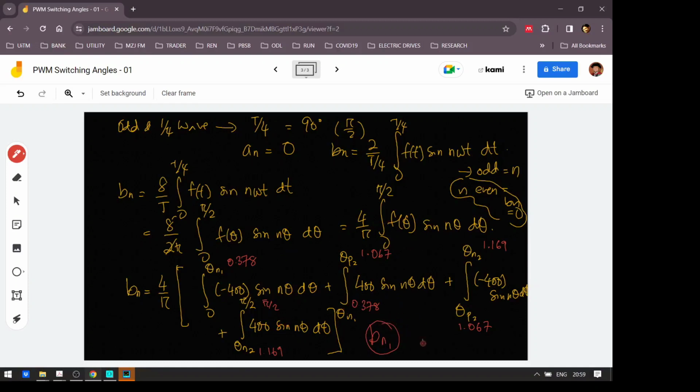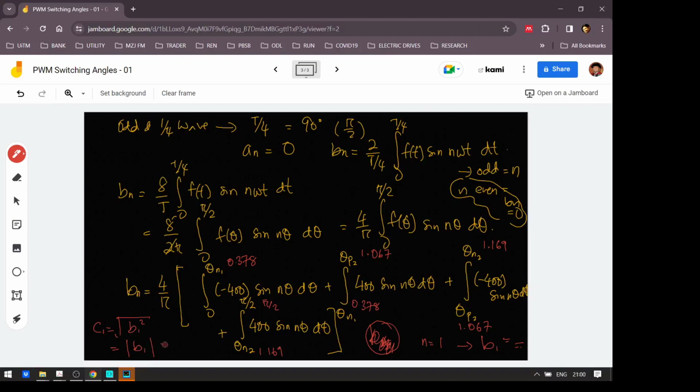So the fundamental n should be equal to 1, not bn1, it's b1. So what will be the answer for b1, and therefore from there you will get c1, where a is 0 already, so you have b1 squared. So c1, the amplitude of the fundamental component, equals b1.